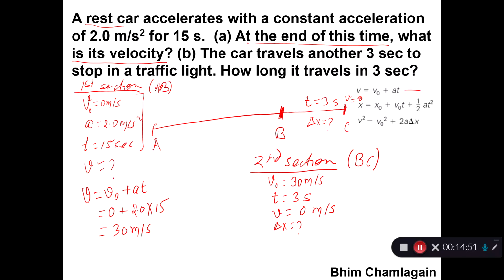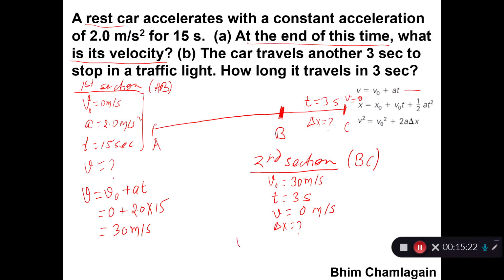Now you can look for an equation related to these four. If you look at the equations with v naught, t, v and delta x, there is no such equation, so you have to calculate another value and relate that. So I'll use the first equation to calculate a first, and then use the third equation with this value of a to calculate delta x.